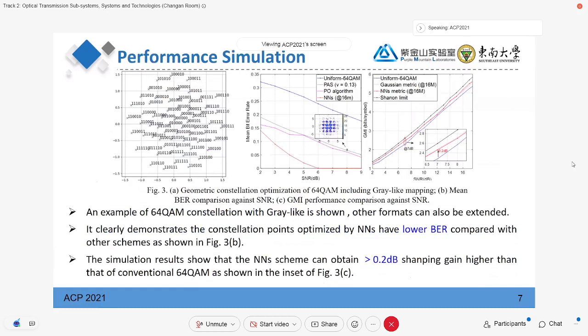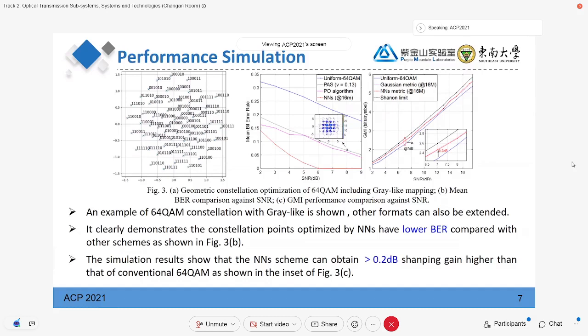Next, we show the performance simulation. In Figure 3a, we can see an example of the setting for QAM constellation with grid-like mapping. We show the results obtained when both the locations and grid-like mapping of the constellation points are optimized. Other formats can also be extended.